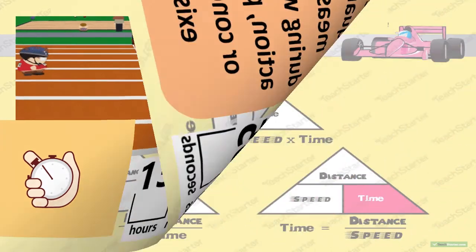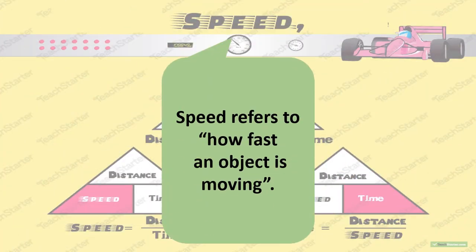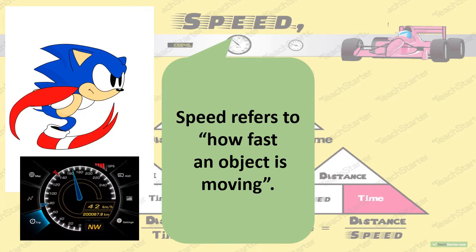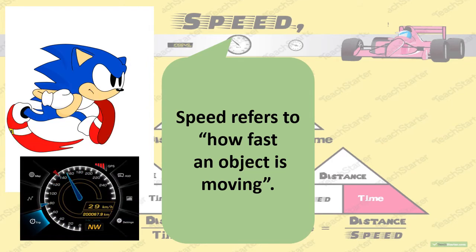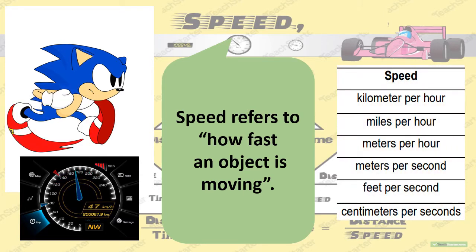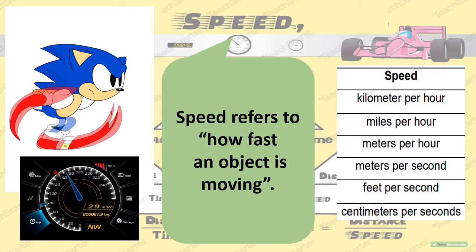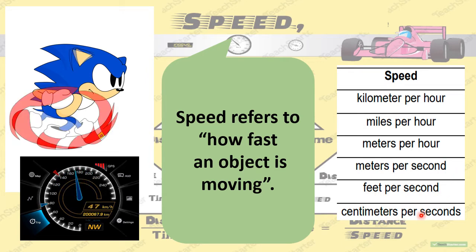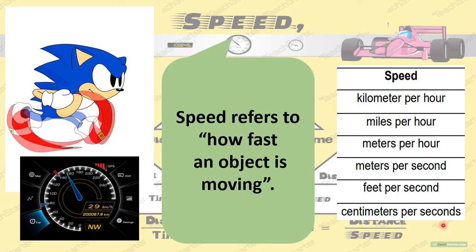Next is the speed. Speed refers to how fast an object is moving. And the units for speed are kilometer per hour, miles per hour, meters per second, feet per second, and centimeters per second.